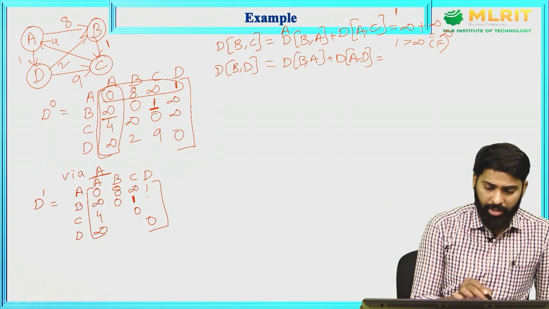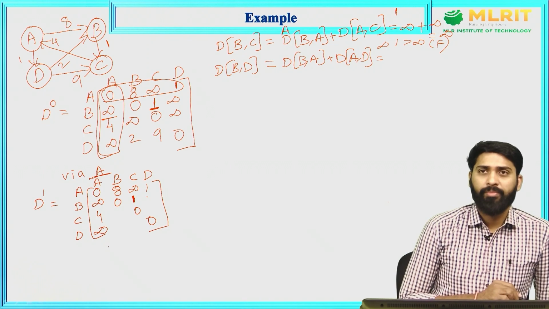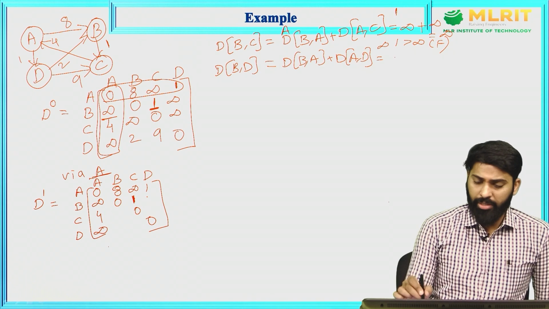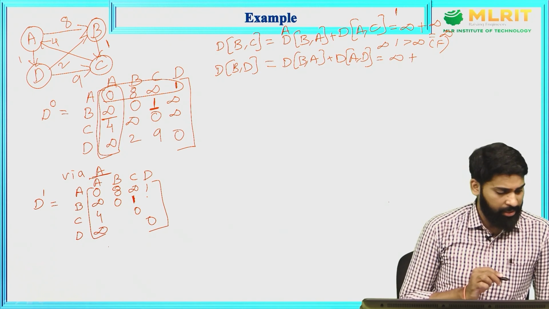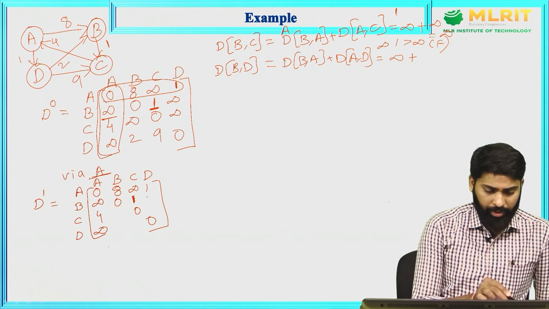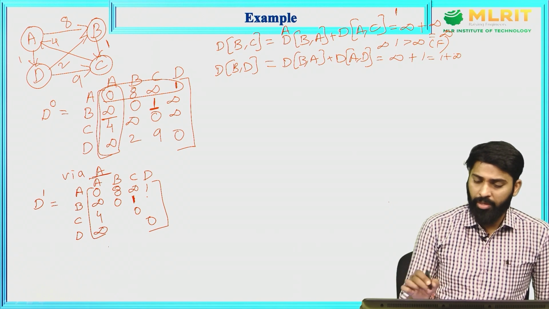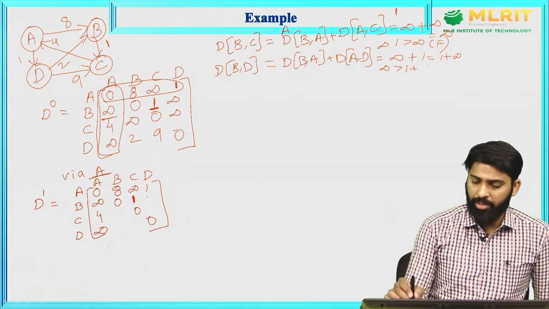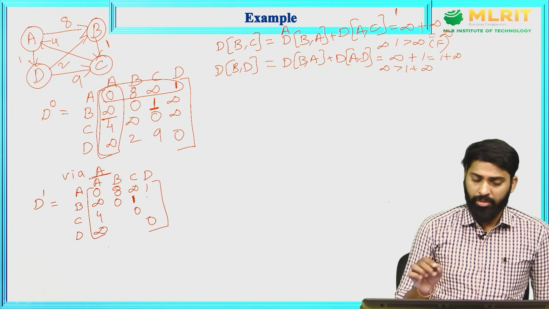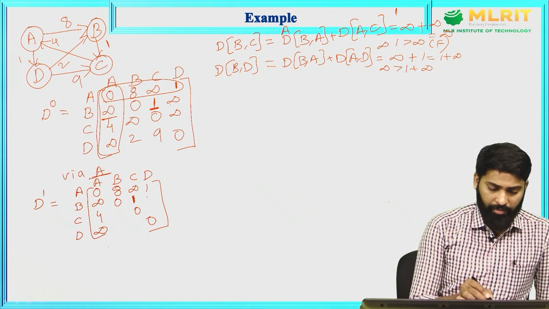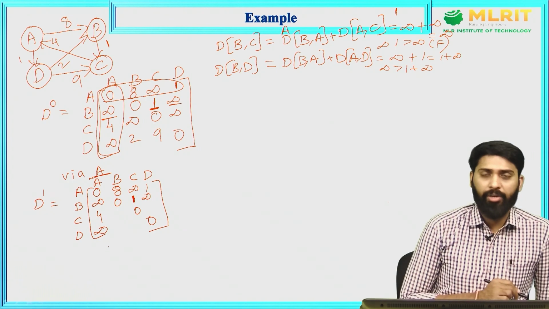B to D actual value is infinity. So distance of B to A is infinity plus distance of A to D is 1. That means 1 plus infinity. Now infinity greater than 1 plus infinity, false. So again we write the same value here. What is the value of BD? Infinity. I write infinity here.